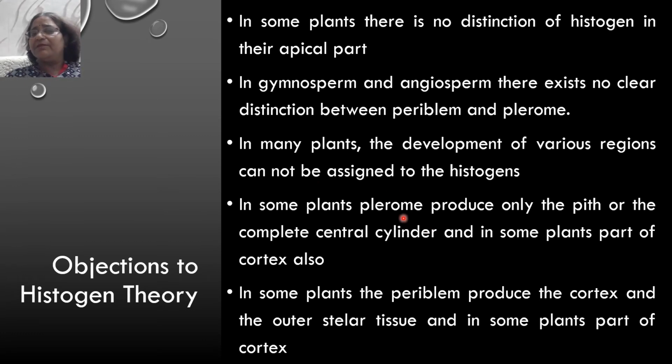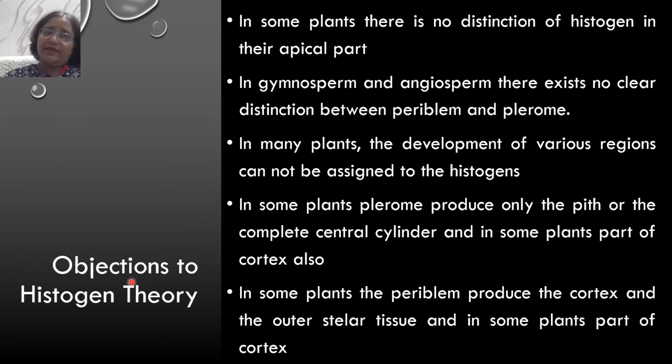In some plants, plerome, what will the plerome give? It gives the vascular tissue and the pith. But in some plants, what happens? The plerome produces only the pith, not the vascular tissue or the complete central cylinder, and in some plants part of the cortex also. So plerome here produces the cortex as well, while it should not.